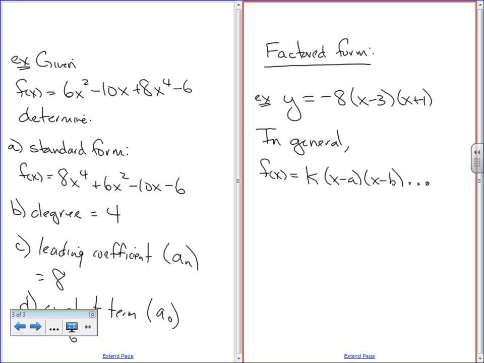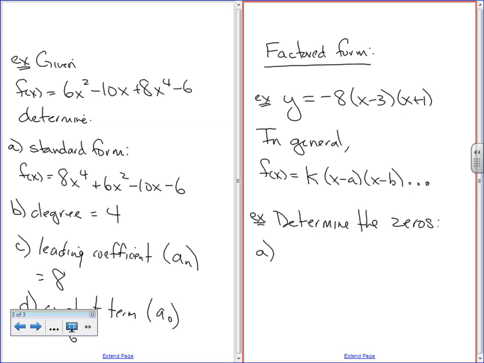Okay. But the most important thing is to be able to use the factored form to determine the zeros of a polynomial. Okay. So determine the zeros. We'll start off with an easy one.